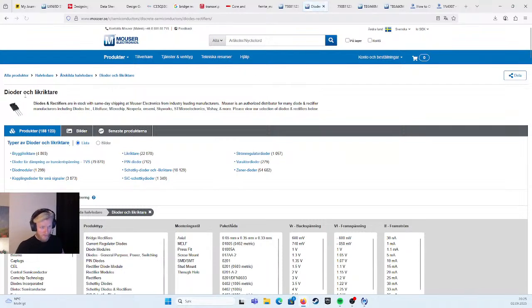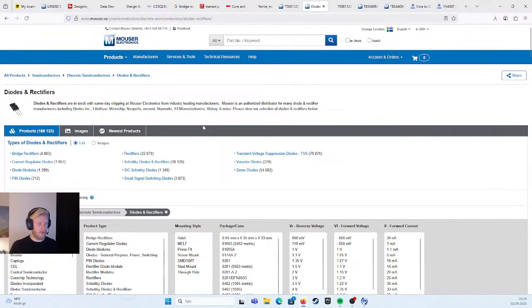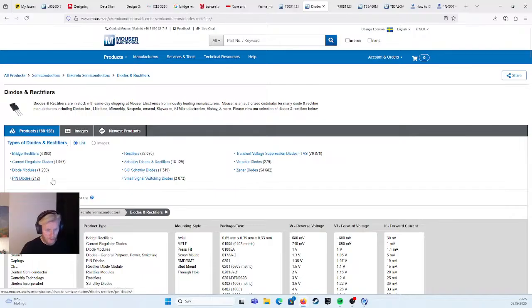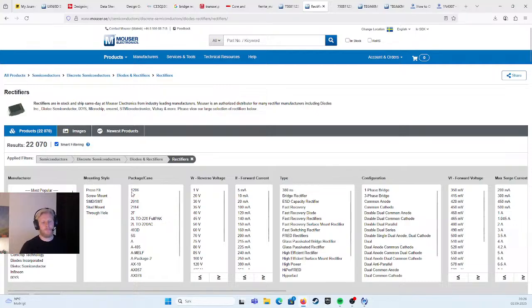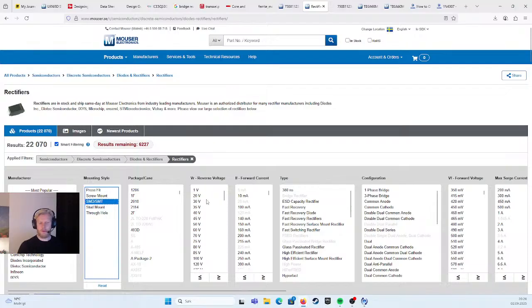So we already selected a bridge rectifier, then we can go and select the output diode, which is also a rectifier. Yeah, we need 2 amps at least that we know, for forward current.